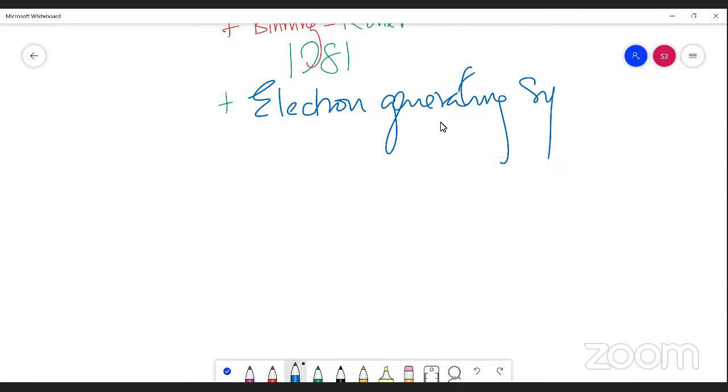The electron generating system plays a major role in the development of the fine structure image of a cell, because it continuously generates a beam of electrons which pass onto the specimen. So there is a system that emits electrons continuously, and these electrons fall on the specimen. When the electrons flow continuously from the electron generating system, the electrons react with one another.